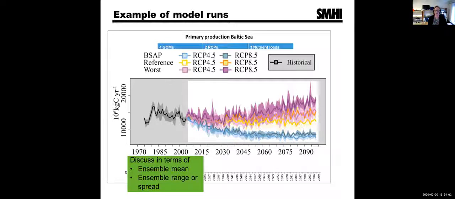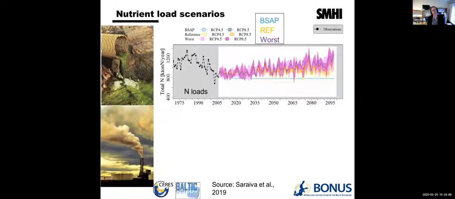To start with the nutrient load forcing, it can look like this. This is the nitrogen load from rivers, and we can see observations as black dots to the left. In 2006 we start these climate scenarios, and we can see that the blue line is pretty much staying on the same level, and then it's decreasing about 2018, I think.